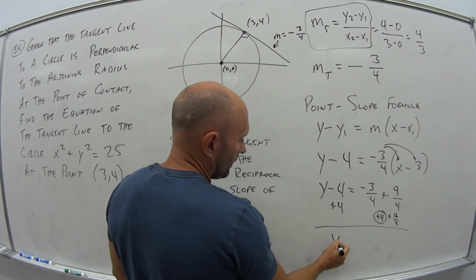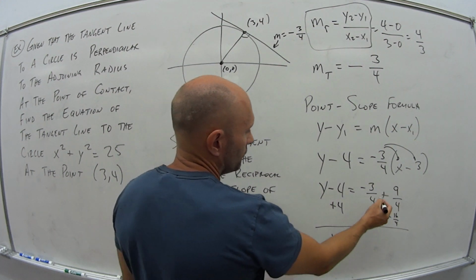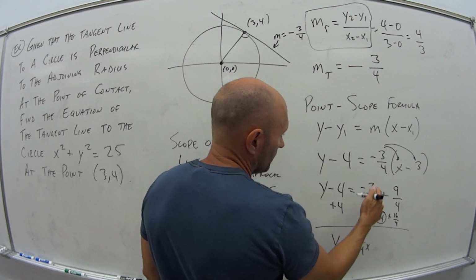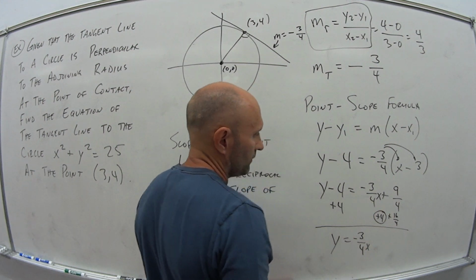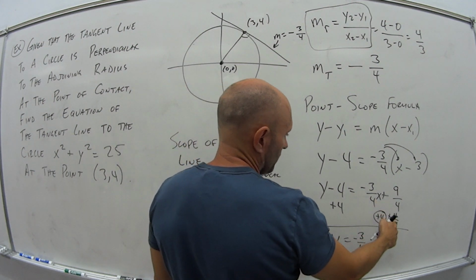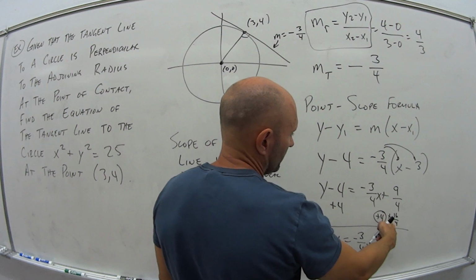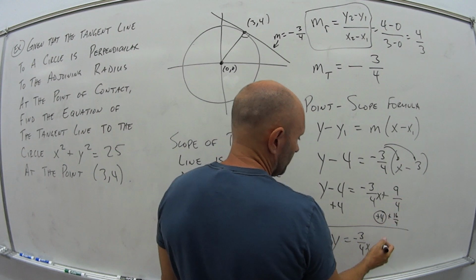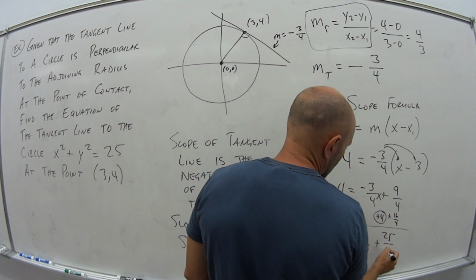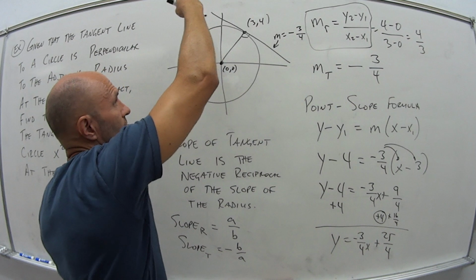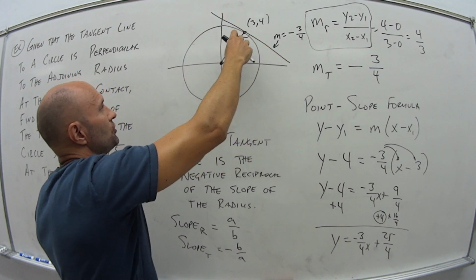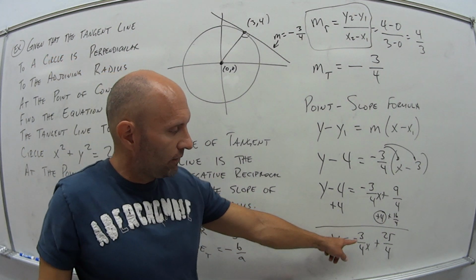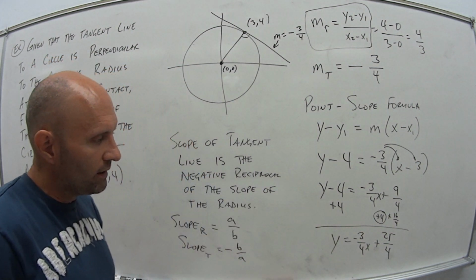When I do that, all I'm left with on the left is y. Whoops, there should be an x here. Minus 3/4 x. So that negative 3/4 times x gives me minus 3/4 x. And then plus 9/4 plus 16/4. They have the same denominator, 4, so I just add the numerators. 9 plus 16 is 25. So the equation of this tangent line, which touches the circle at the point 3, 4, is y equals negative 3/4 x plus 25/4.